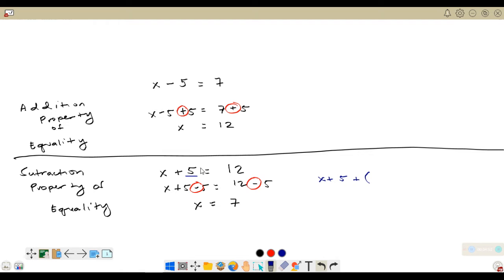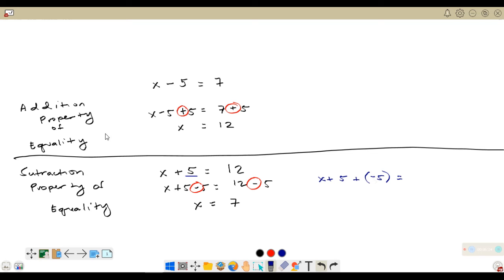You are actually still adding a certain number, but this time, it is the inverse of that certain number. Parang katulad dito, the inverse of negative 5 is 5. So, you are adding positive 5. Dito naman, the inverse of 5 is negative 5. So, you are adding negative 5.